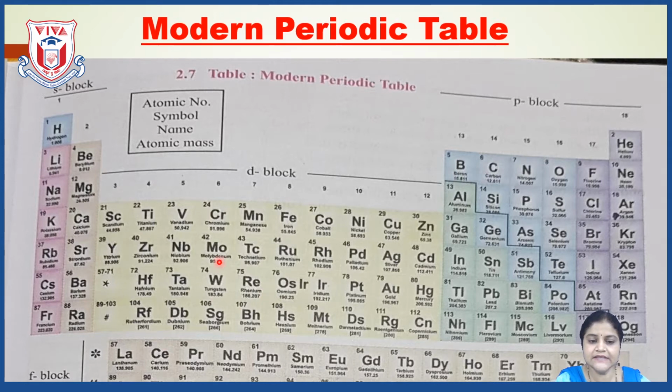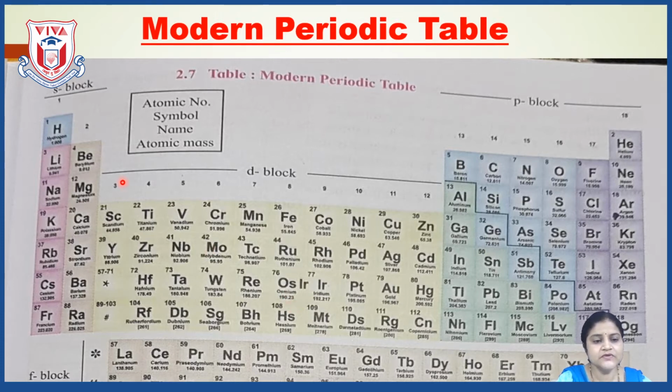All these elements have their last two shells incomplete, hence called transition elements, and here all these elements have their last three shells incomplete, henceforth they are called inner transition elements. Okay, so I think the point is clear about the classification of the elements according to the modern periodic table, that is period wise, group wise, and the last one, block wise.